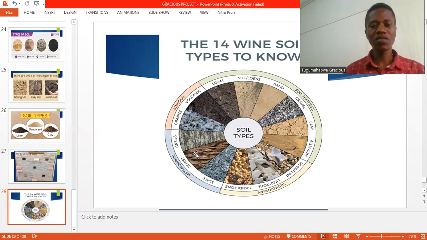This is a pie chart, which is in form of pictures showing different types of soil.